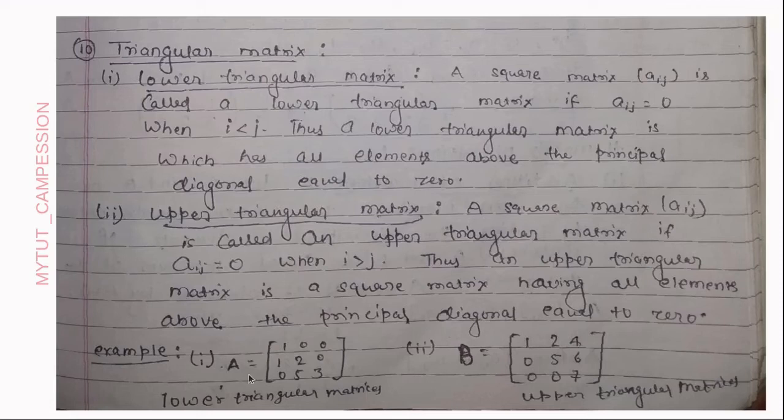First example: A is a 3 cross 3 square matrix. Here the principal diagonal is 1, 2, 3, the remaining elements below the principal diagonal are 1, 5, 0, and all elements above the principal diagonal are 0, where the number of rows is greater than the number of columns.